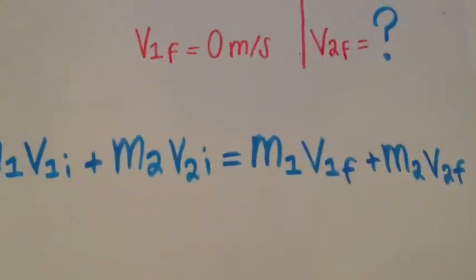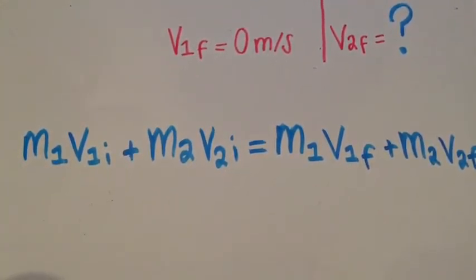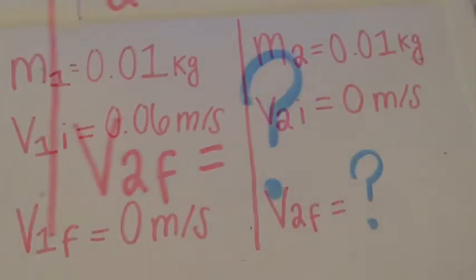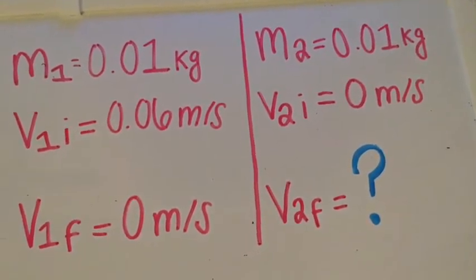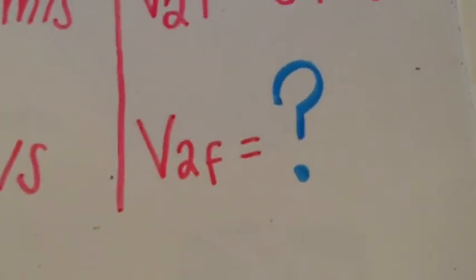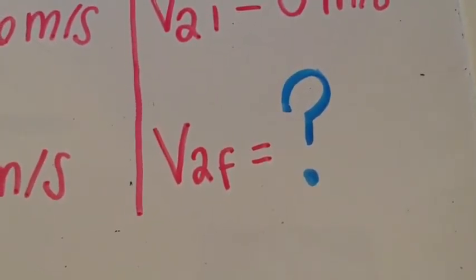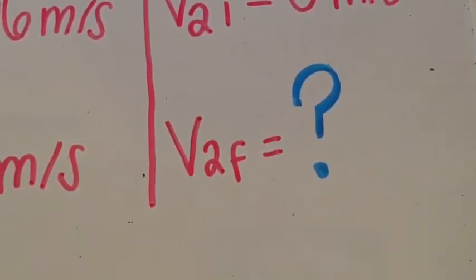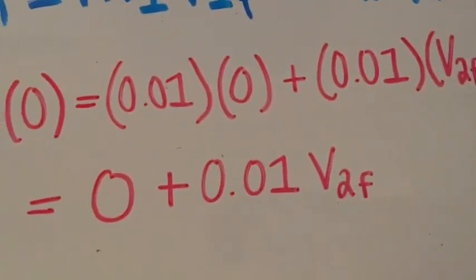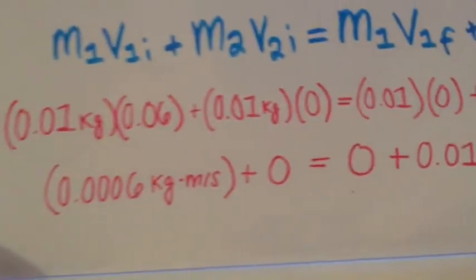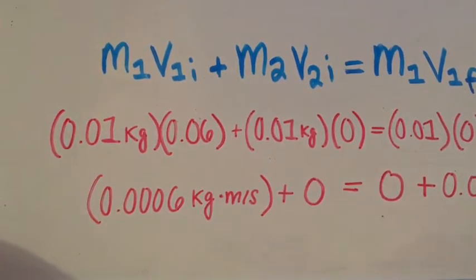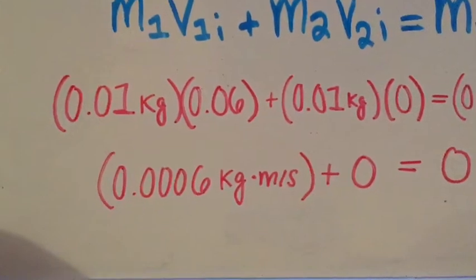Using our formula from the law of conservation of momentum, we can calculate the velocity of mass 2. We can insert our known variables into the formula. Because we are trying to find the final velocity for mass 2, we leave it as a variable within the problem. When we multiply the components together for the initial momentum for mass 1, we get 0.0006 kilograms times meters per second, which is the SI unit of momentum.